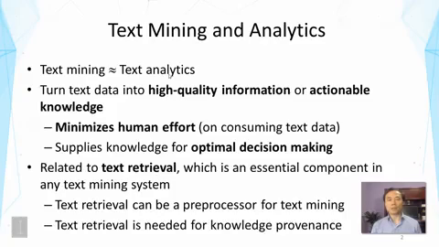Now, such an outcome could be called actionable knowledge because a consumer can take the knowledge and make a decision and act on it. So in this case, text mining supplies knowledge for optimal decision making. But again, the two are not so clearly distinguished, so we don't necessarily have to make a distinction.